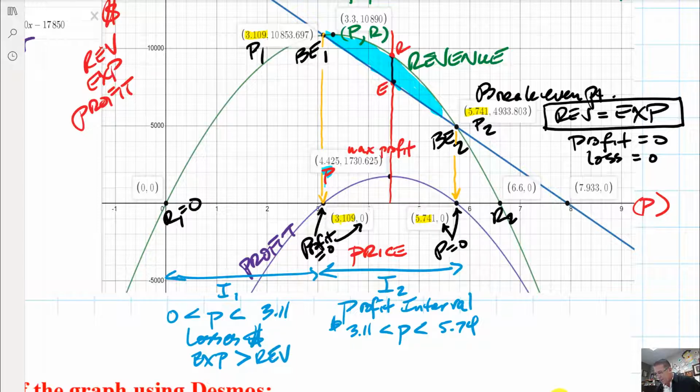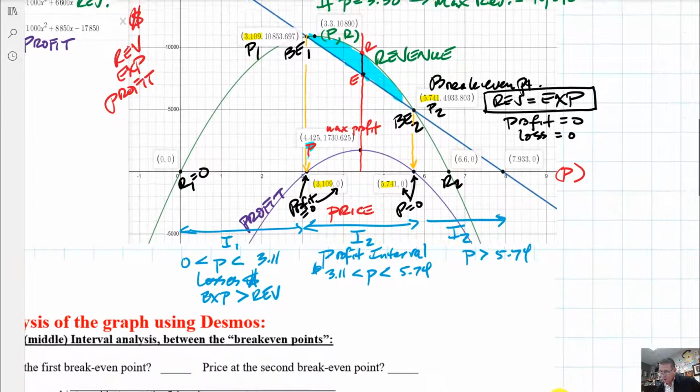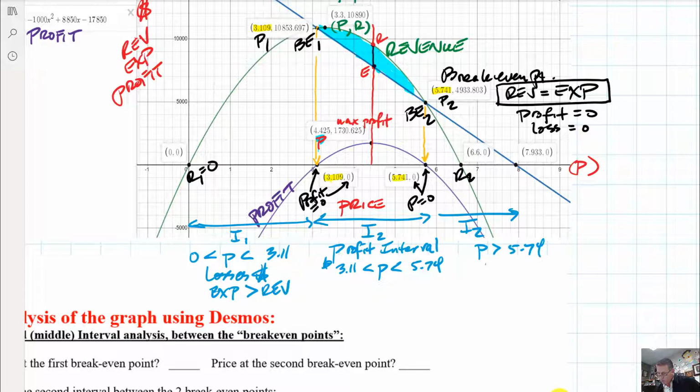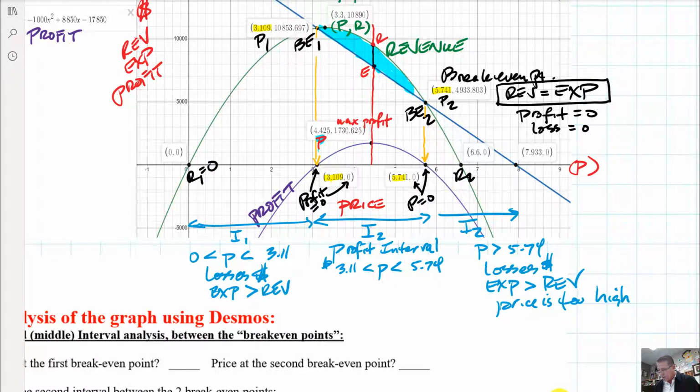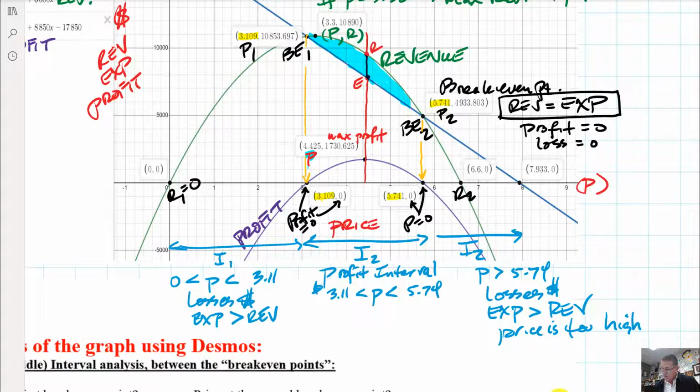And if you're to the right of the break-even point, in the third interval, if the price is greater than $5.74, then the price is too high, as we were talking about right here, and the company loses money. Again, that's because the expenses are greater than the revenue, because the price is too high. The demand will decrease at that point, go to 0, and the company won't sell anything, won't make anything, and they'll start losing money.